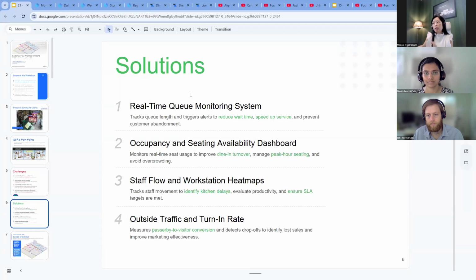So what can we provide here? We can provide a real-time queue monitoring system. You get live visibility into the queue length, the wait time, the queuing time for both the management and also the staff, so they can act on it now. It acts like a live scorecard during the operation, so everyone can see the situation. Not only the store manager seeing it and chasing everyone around, every member of staff can see it in real time.